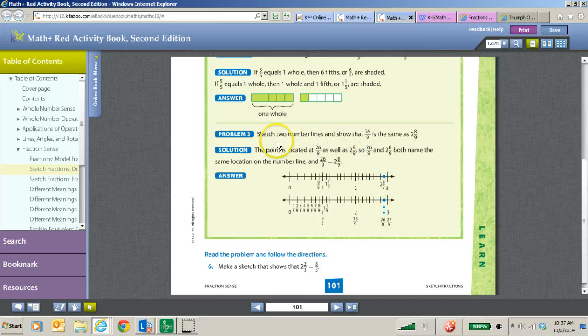This is really tricky because it says sketch two number lines that show 26/9. Well, that's an improper fraction. But we are showing that this whole is divided into ninths, and so there's 9/9 and then 9 more ninths, and they keep going counting by ninths, and so they realize they're not quite up to 3, but they have 2 wholes and then 8/9.